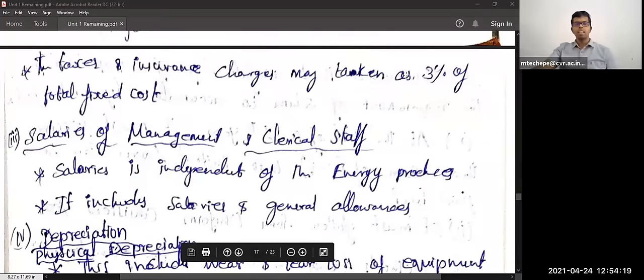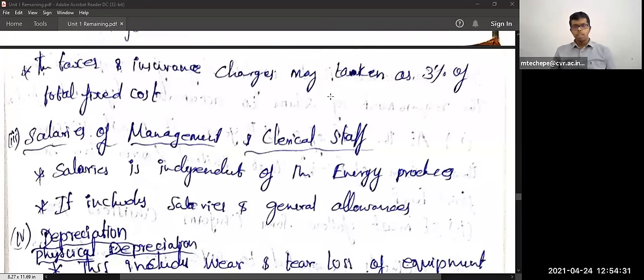Then salaries of management and the clerical staff. If you take a hydro power station, only around 10 to 20 members may be working, so you can easily pay their salaries. If you take a thermal power station, it runs in 3 shifts, so you have to pay a minimum salary of around 30,000, 40,000 to each employee.